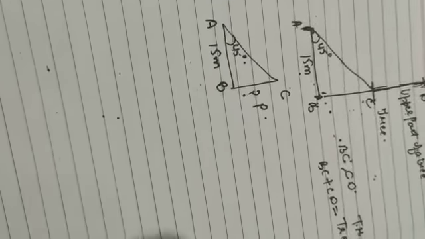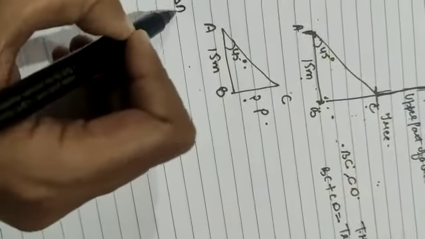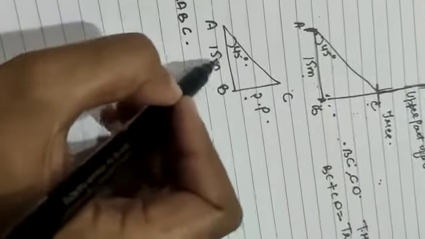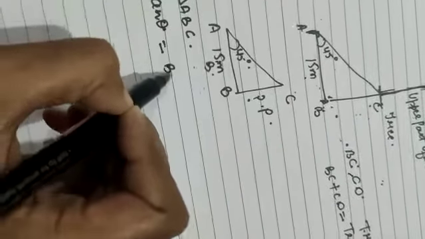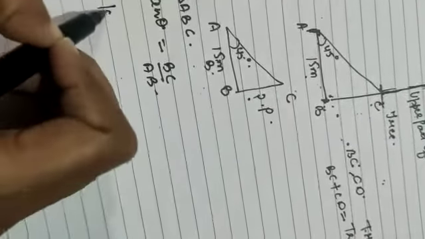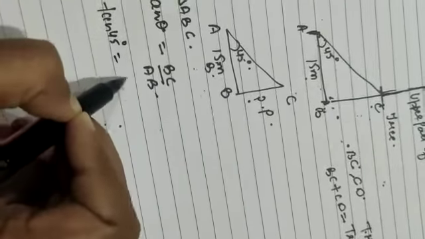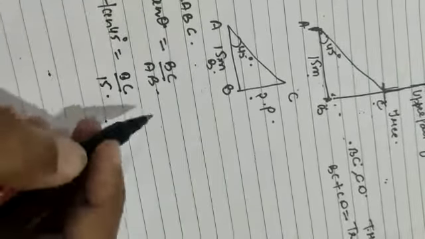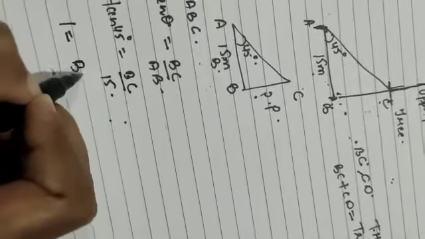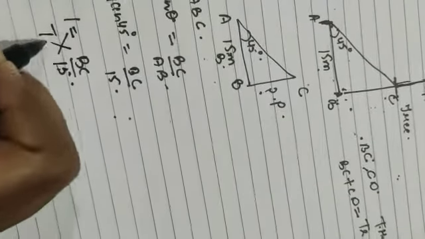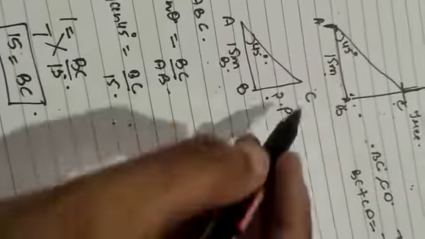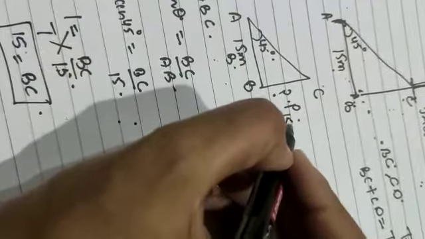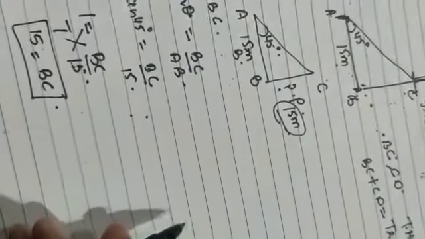In triangle ABC, the perpendicular base relation is represented by tan theta. Tan theta is perpendicular upon base, theta is 45, AB is 15. So tan 45 is 1, which is BC upon 15. Cross multiply, BC equals 15 meter.